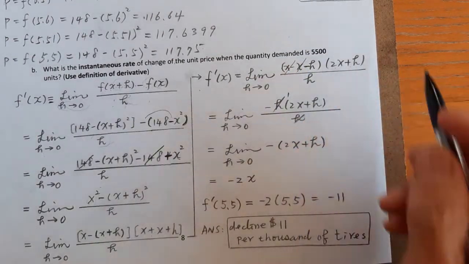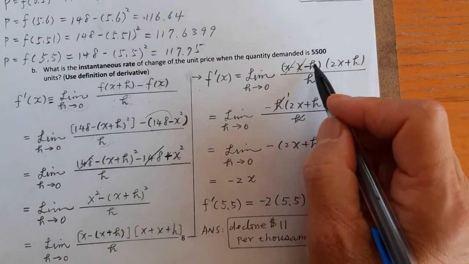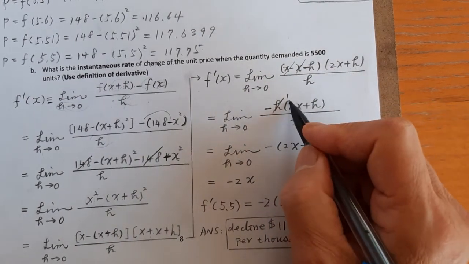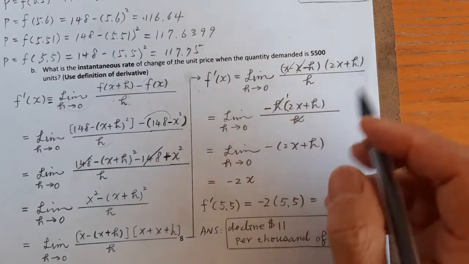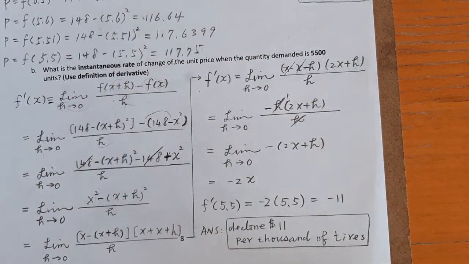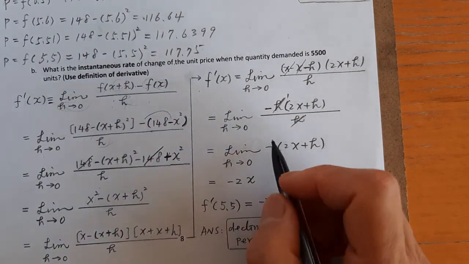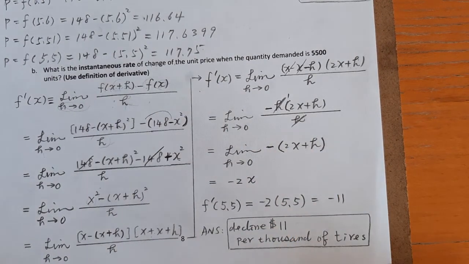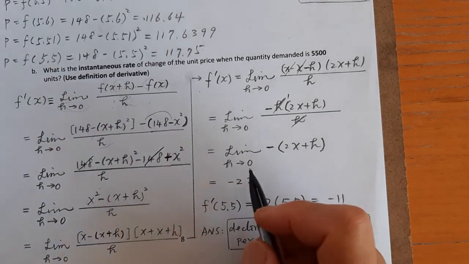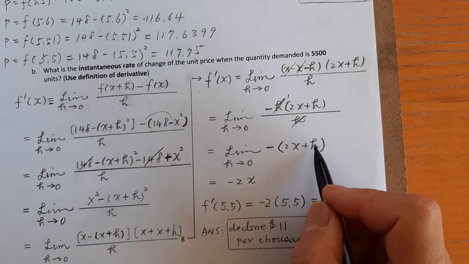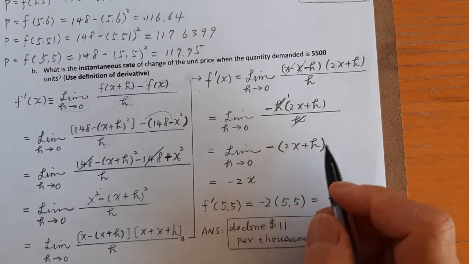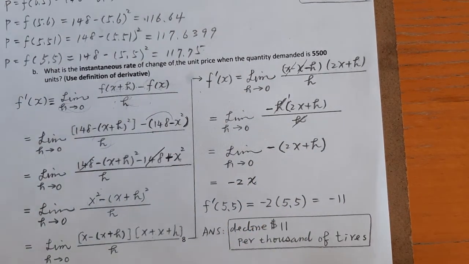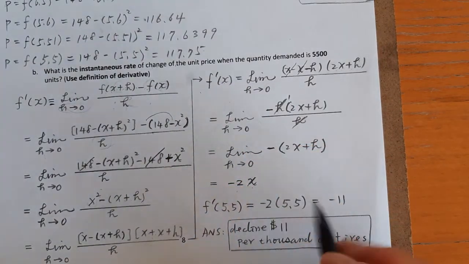Here x minus x is 0 and the minus h, so we get negative h times the parenthesis 2x plus h. Then h with h common factor cancel. So you get negative, and put the parenthesis 2x plus h. Then h approaches 0, so h is replaced by 0. So you get negative 2x. So f prime of x is negative 2x.